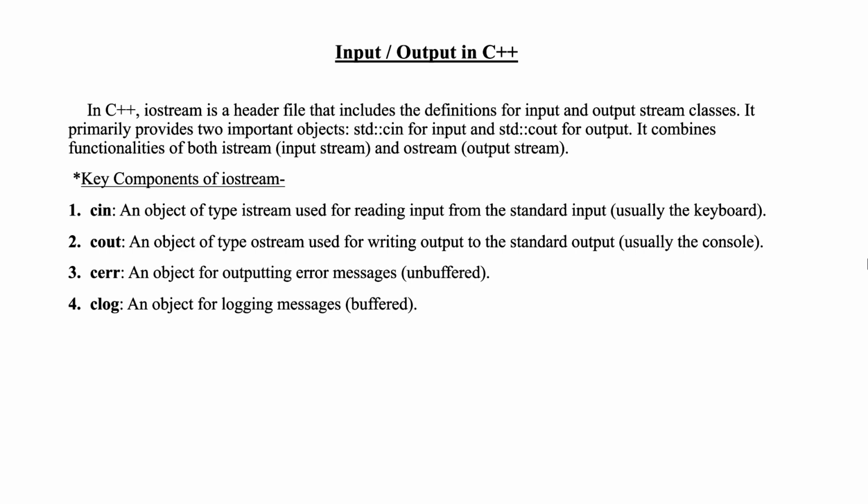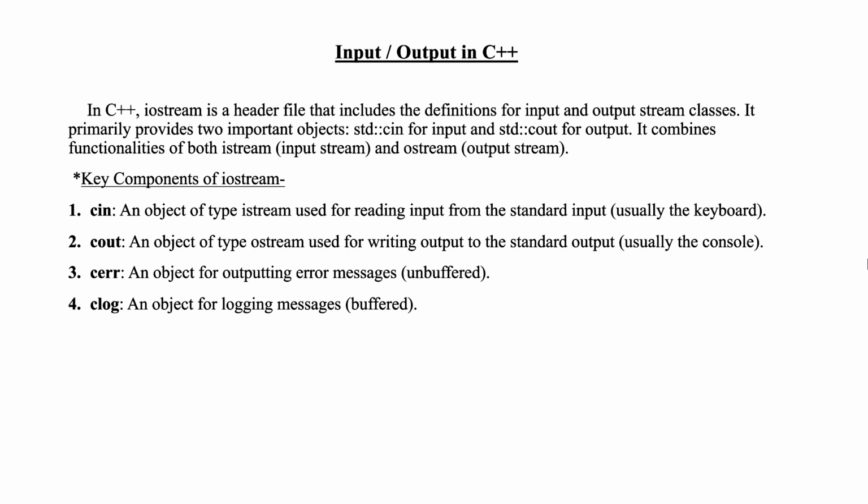Let's see some key components. The first one is the cin object, an object of type istream used for reading input from the standard input, like the keyboard. It reads input from the keyboard and transfers data to the main memory.